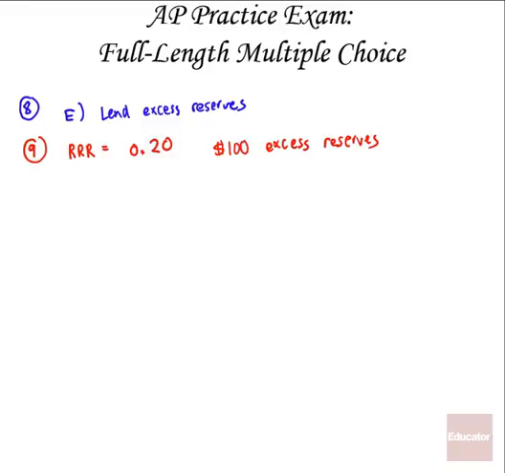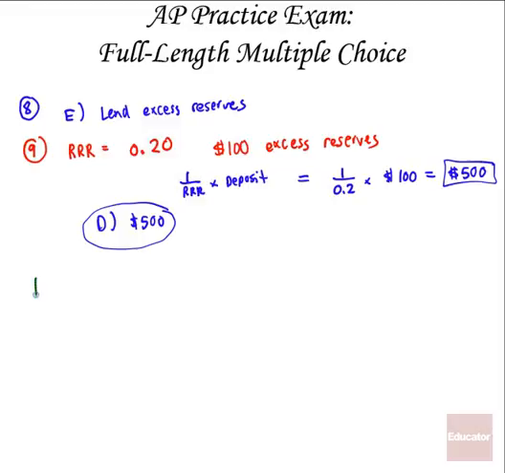Well, the very simple formula is 1 over RRR times the deposit here. So in this case, it's 1 over 5. So the multiplier is actually going to be 1 over 0.2 times 100. So that $100 excess is actually going to create $500 increase in money supply. So the answer is D, $500.